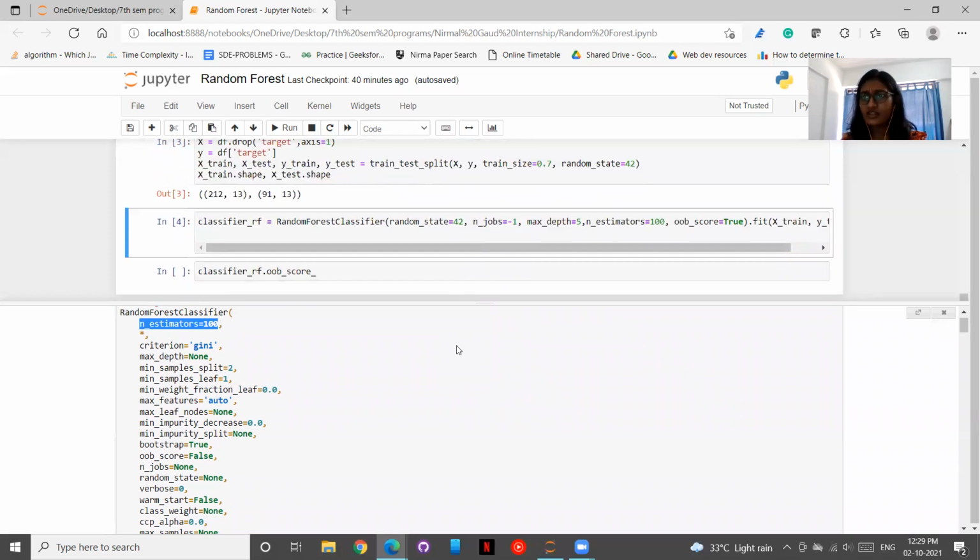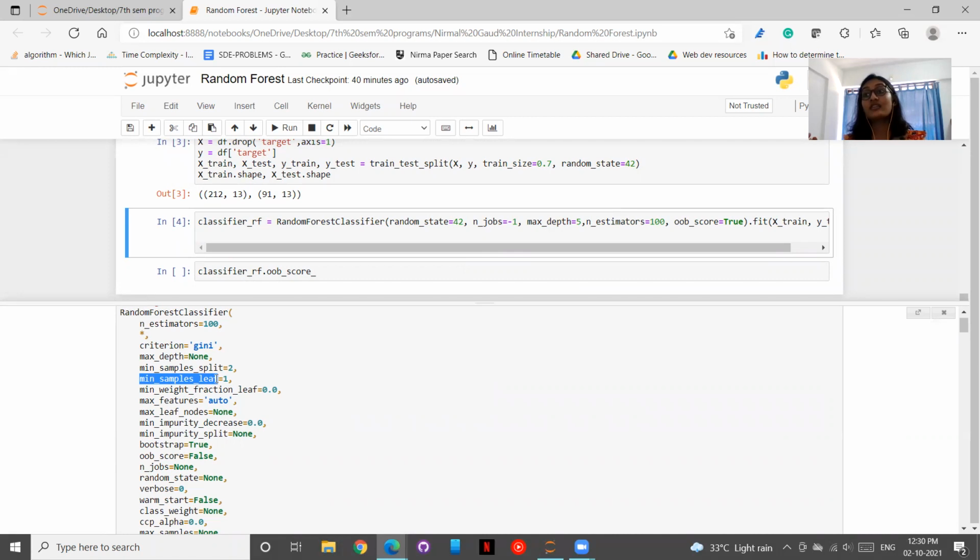Thereafter, we have max_features, this attribute says the maximum number of features random forest considers for splitting a node. And thereafter, we have min_samples_leaf, which determines the minimum number of samples required to split an internal node.